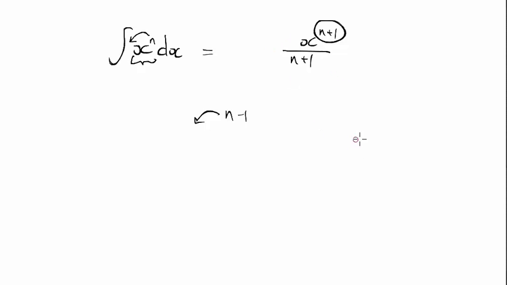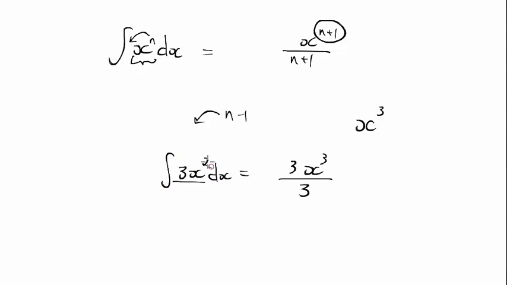So for example, if I have 3x to the power of 2, I first add 1, x to the power of 3, and then I divide the 3 with 3. So the antiderivative of the inside is just doing the opposite of the derivative.